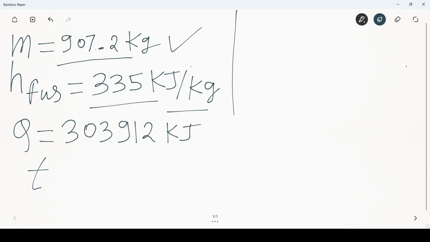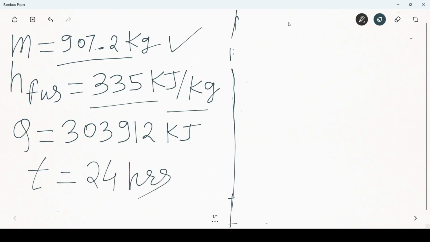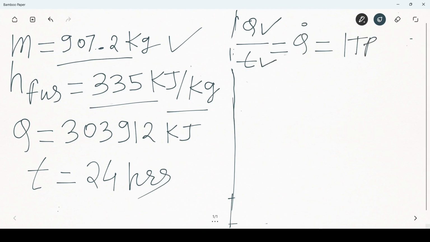As per the definition of 1 ton of refrigeration, ice is being produced in 24 hours. So the given time is equal to 24 hours. Now let's say if I write Q by T, that gives me the rate of heat removal to produce 1 US ton of ice at 0 degrees Celsius in 24 hours, which is equal to 1 TR, 1 ton of refrigeration.